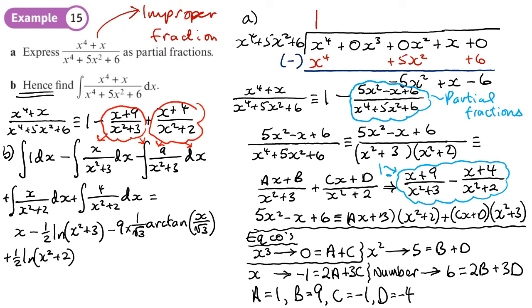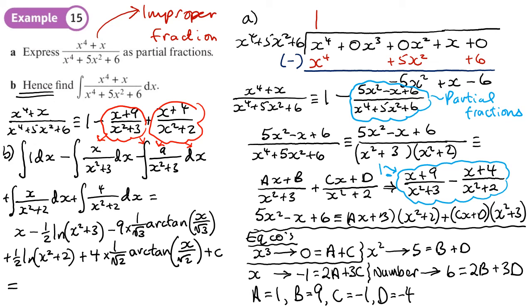Then the last one here, we would put the 4 over this side, and again it's like arctan, where a would be root 2, so we'll have the 4 at the front times by 1 over a, and we said a would be root 2, and then arctan x over root 2 plus c. So that really is our sort of final answer.